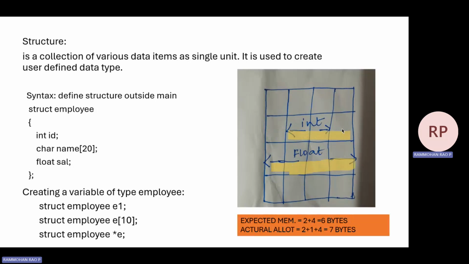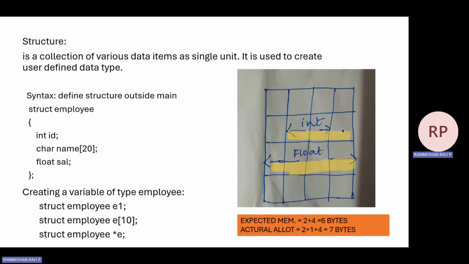I know that 1 byte was wasted, it was not utilized, but instead of generating two different addresses for the same data item, I prefer generating only one address. That's the reason we are ready to compromise on the size but not on the performance. That's the reason you got 7 bytes in this case. Obviously, this may not happen every time.